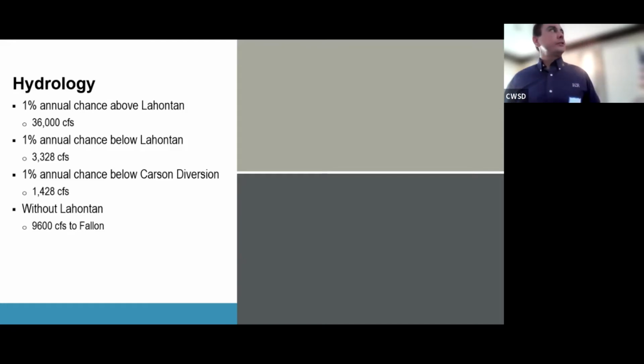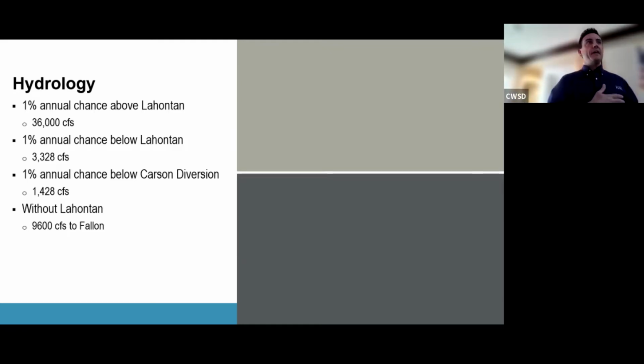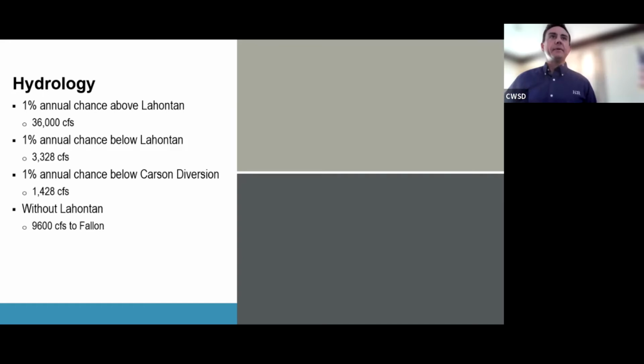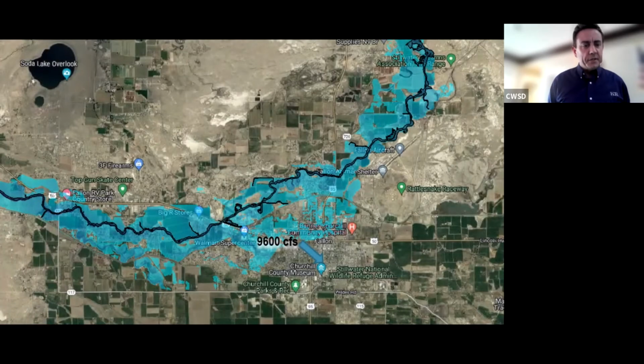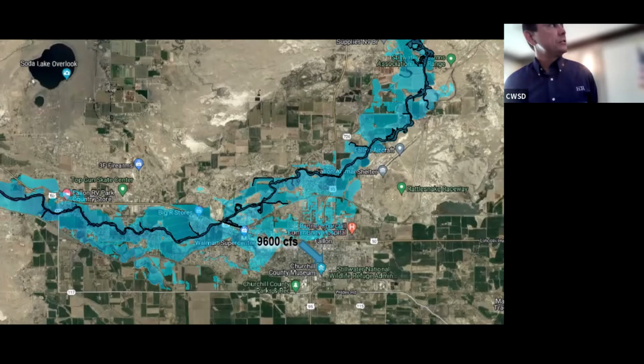Just for my own curiosity as a hydraulic engineer, I took that 36,000 CFS above the reservoir and ran that through our models below the reservoir, to see what would happen in Fallon if Lahontan didn't exist, for instance. And it turns out you send about 10,000 CFS right through Fallon. And here's a graphic of what the floodplain would look like downstream of Lahontan without the reservoir.